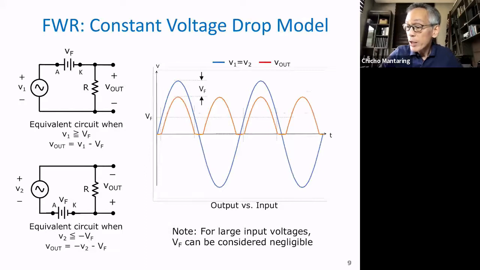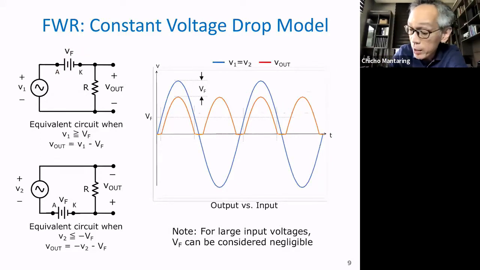Okay, if we did the constant voltage drop model for the full wave rectifier, it's similar to the analysis we did for the half-wave rectifier. This is the equivalent circuit when V1 is greater than or equal to V sub F. You get the open circuit voltage across D1, as if you removed it.